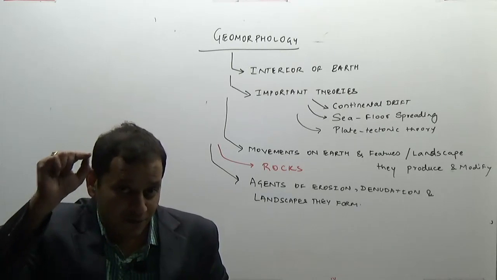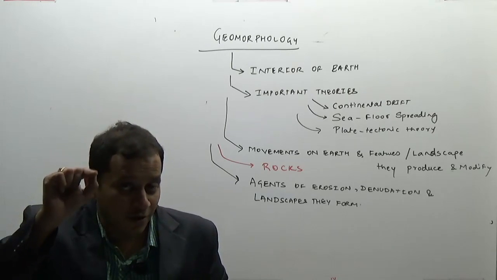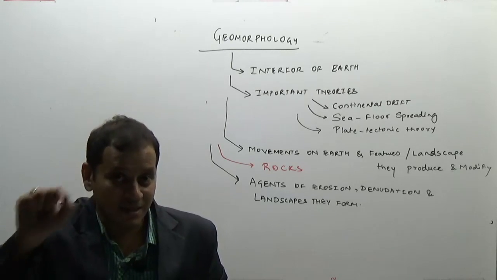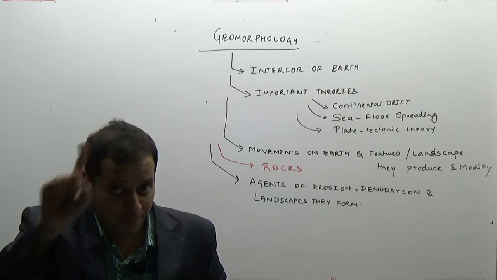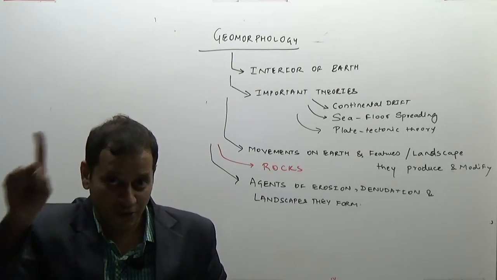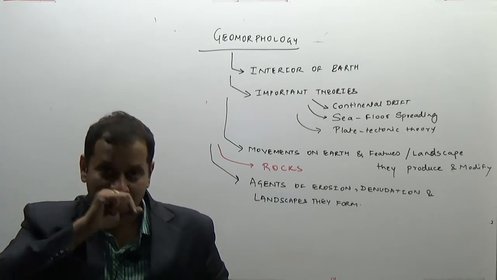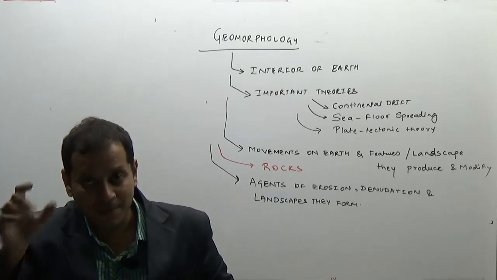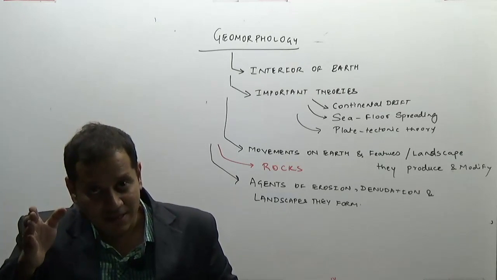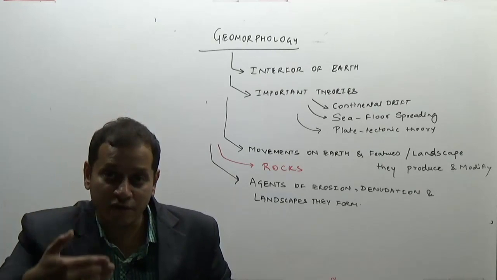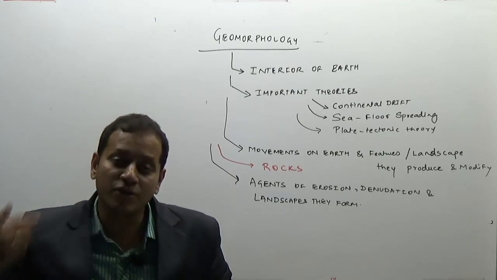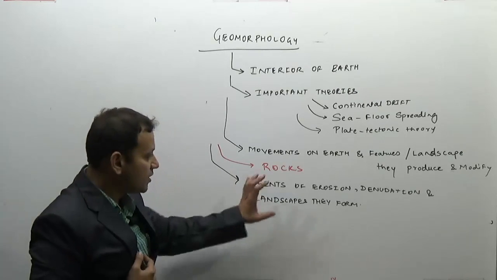If you remember the last point of your mains syllabus in paper 2, that is the history and geography paper, the last point is the changes in the landscape. How are the changes in the landscape happening and how do they modify the flora, fauna and the geology of that area? That is how the agents of erosion.